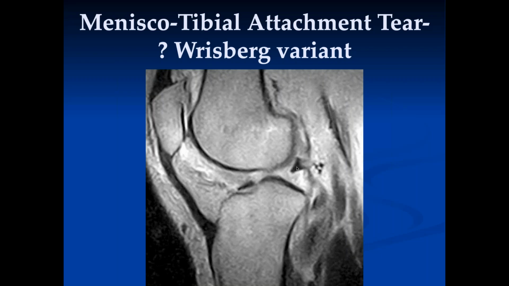It attaches to the Wrisberg's ligament, and that's why it's called Wrisberg's ligament variant. In flexion, the meniscus looks normal. So when you're doing surgery, you may really miss the boat because the meniscus looks quite normal.